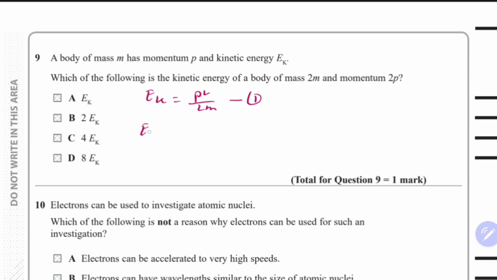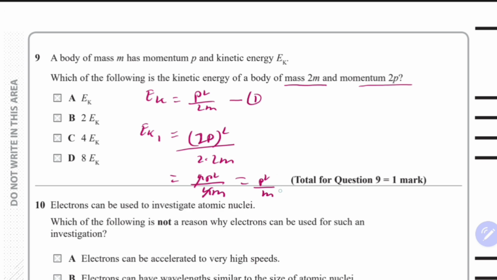For the next one, we assume it's Ek1, equal to (2p) whole squared divided by 2 into 2m, which is 4p squared by 4m. If we cancel the 4, it will be p squared by m. We'll take this as equation 2.